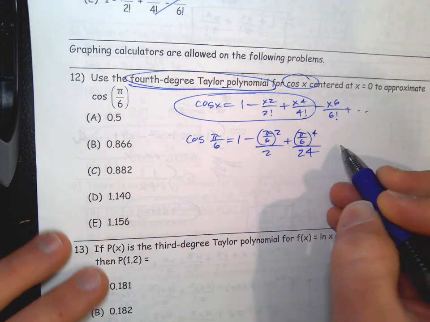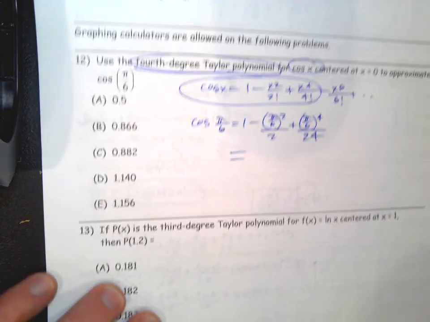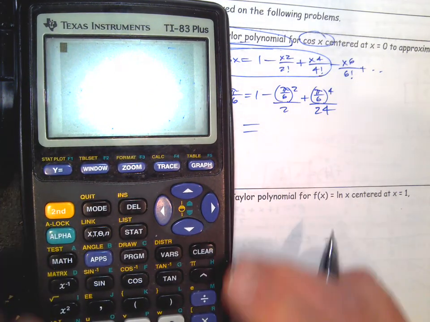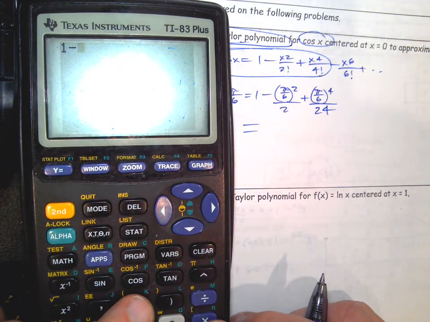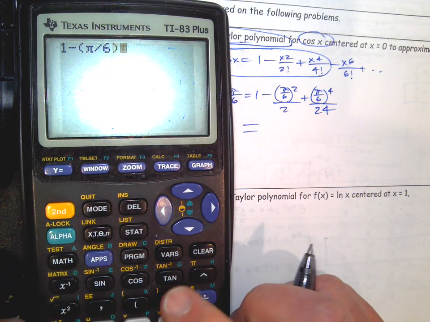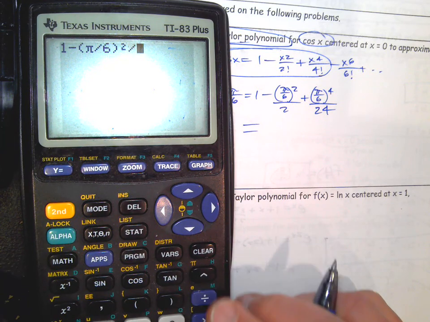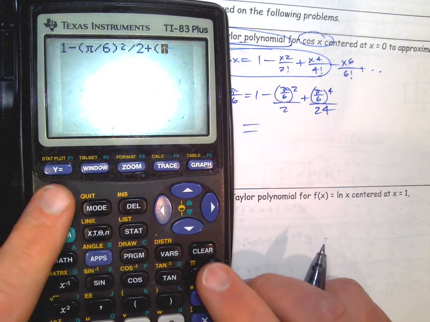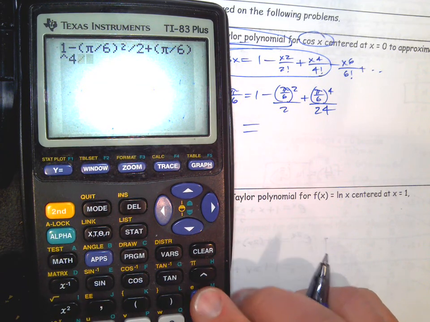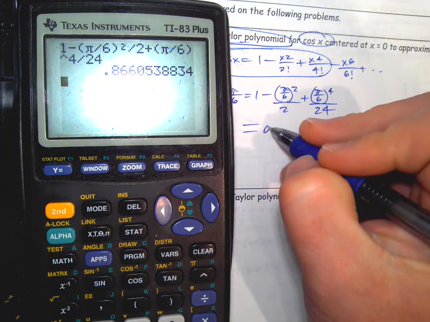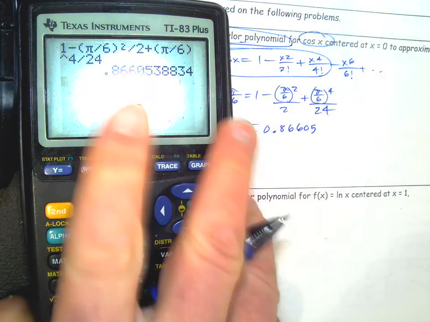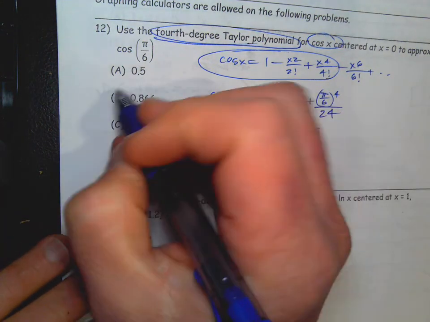So it's this value. This is where I'm going to use my calculator. So I'm going to do 1 minus pi divided by 6 squared divided by 2 plus pi divided by 6 to the fourth power divided by 24, 0.86605. 0.866.